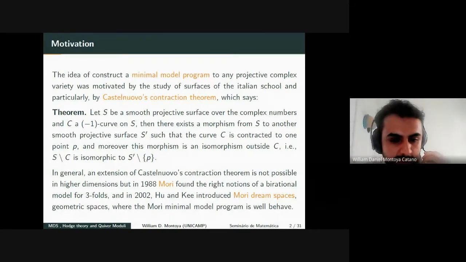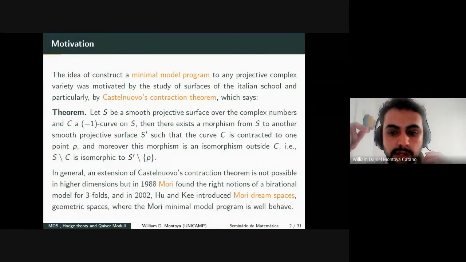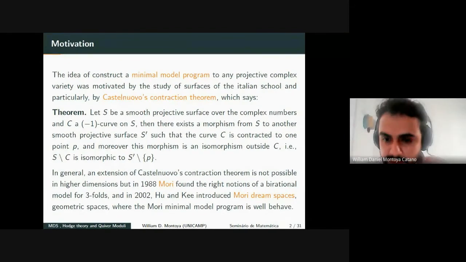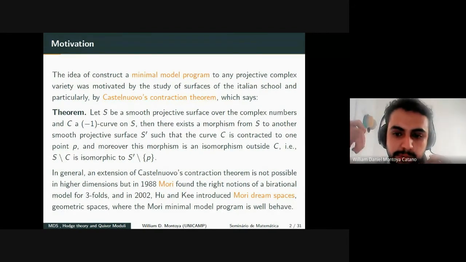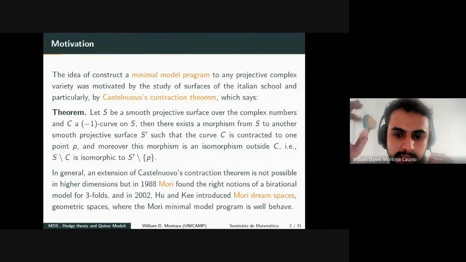And recently, in 2002, Hu and Keel found the definition of Mori dream spaces, for these geometric objects in which the minimal model program runs completely and in a very well behaved way.